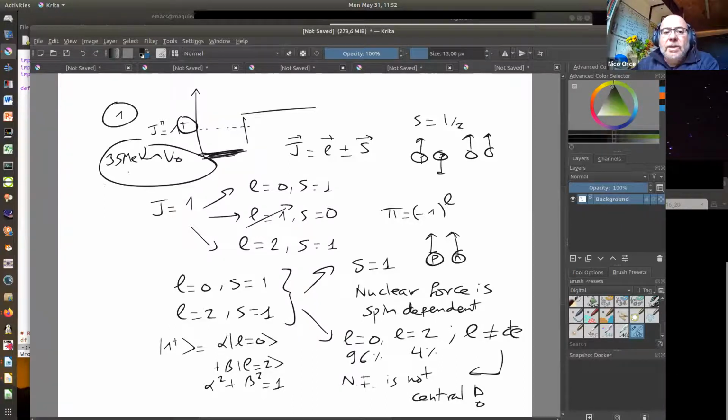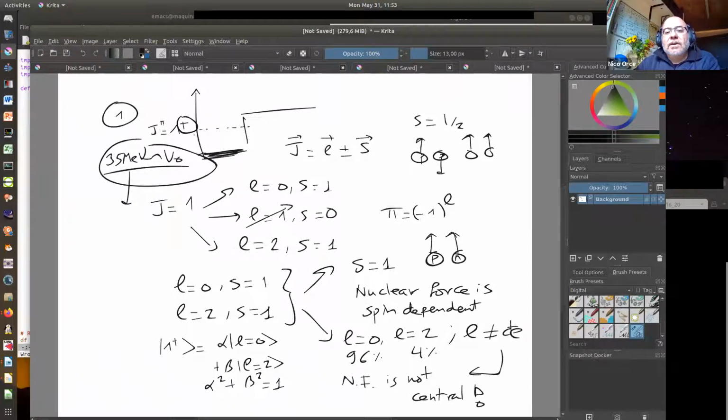And this interaction is actually quite general. This 35 MeV is a quite general depth for a potential. And these are the things that maybe the first two, and the third one is probably not as obvious, and we also deduce it in one of the assignments, right? By solving the deuteron potential.